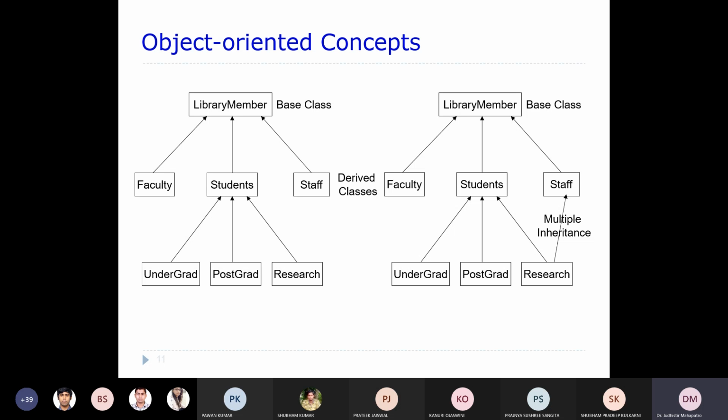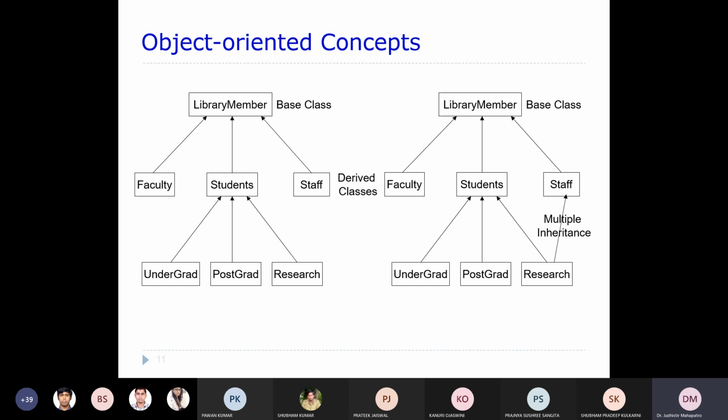Further, undergraduate, postgraduate as well as research student can be derived classes of the student class. So the arrows are the way you represent your derived classes and base classes. This is what we call inheritance.